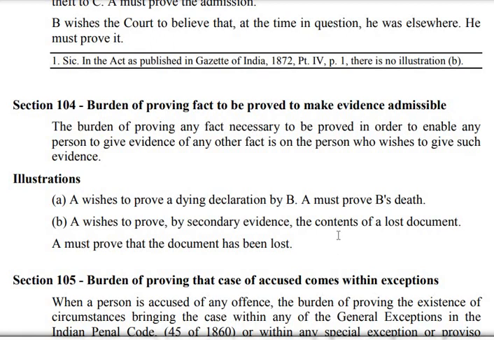Then the court will allow me the Xerox copy only when I prove that the original has been lost. Otherwise, secondary evidence, the Xerox copy, will not be allowed. That is what they are saying here.